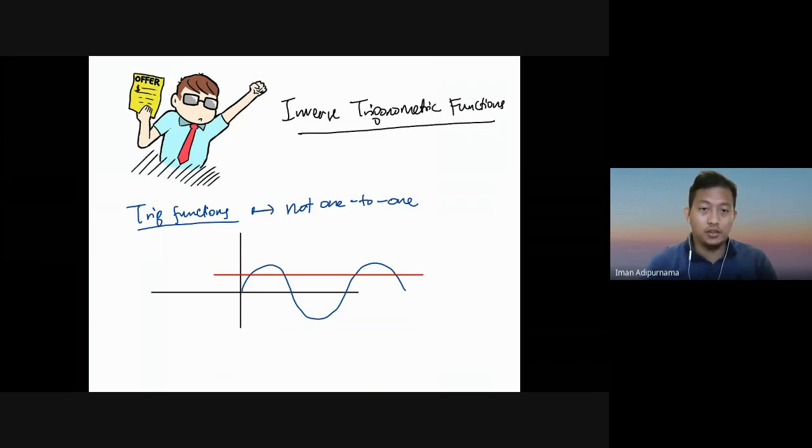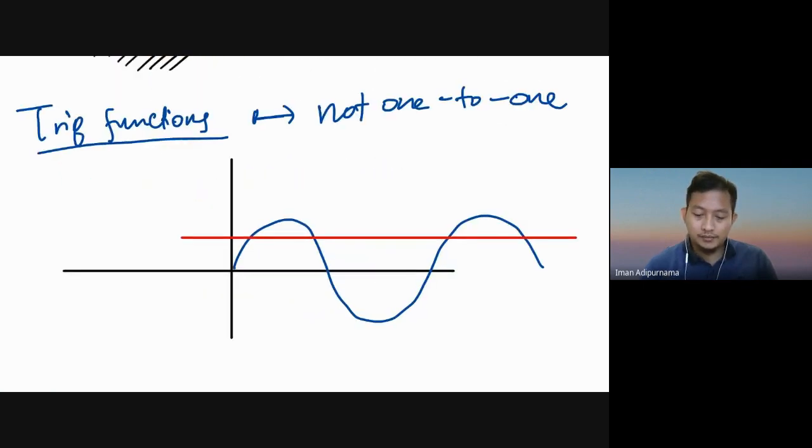So how do we make this trigonometric function one to one? We can just look at from zero to a point here, maybe pi over 2.